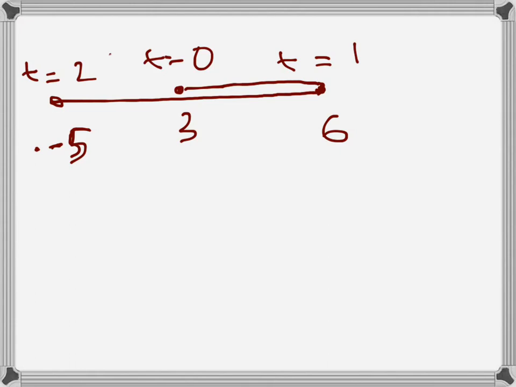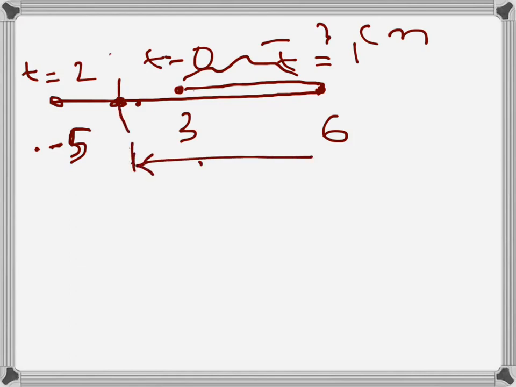So from t is equal to 0 to 1, it has traveled 3 centimeter, and from 1 to 2 it has traveled this much. This is not drawn to scale, so 0 is somewhere here. So it has traveled 6 centimeter to reach position 0 at the origin, and then it has traveled to the left 5 more centimeter.